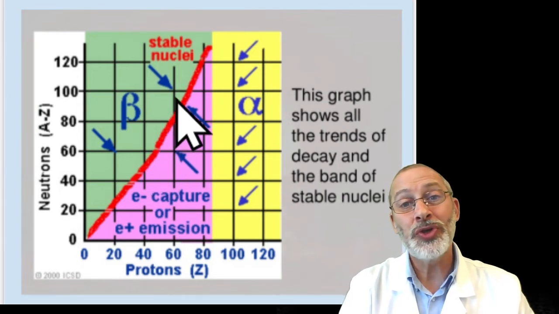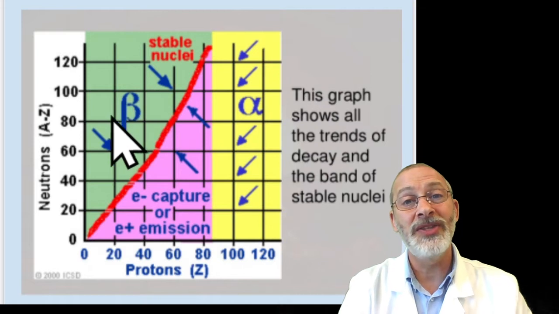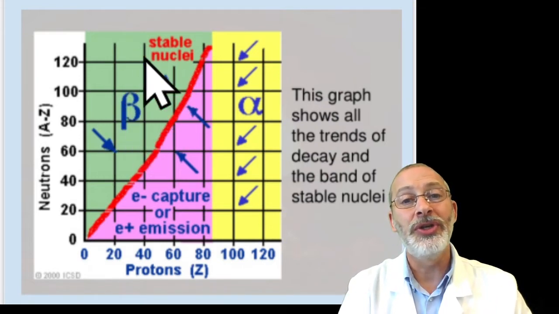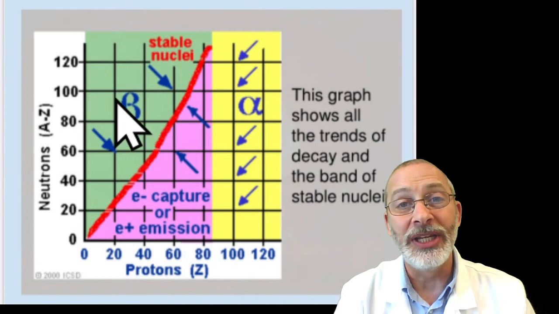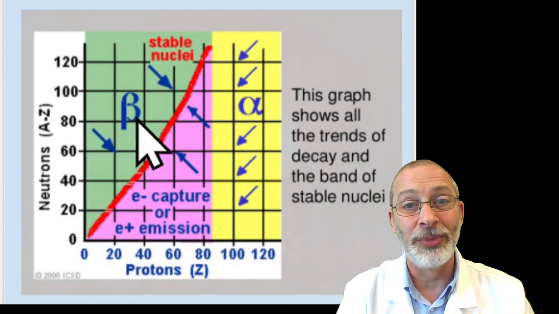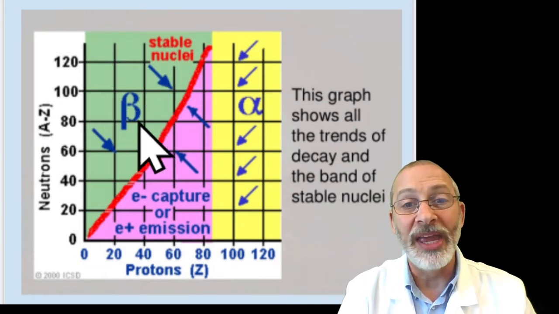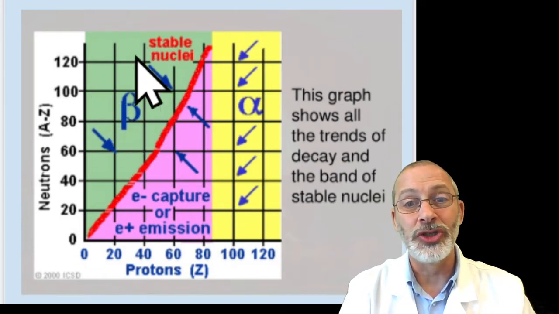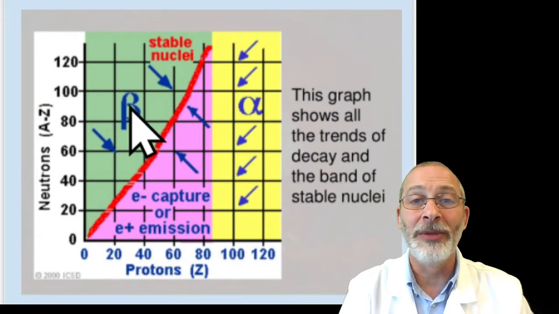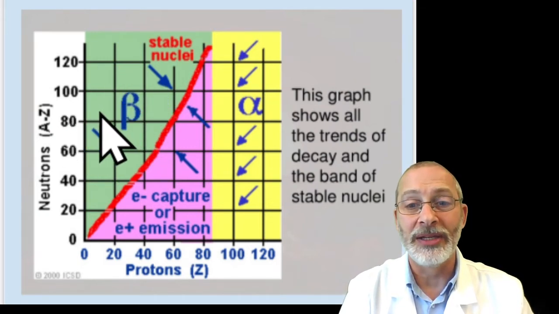And the more neutrons you have than protons, an atom will generally encounter instability and result in beta decay. That's what the symbol here is representing, beta decay. So in this green category, we've got atoms of elements experiencing beta decay.